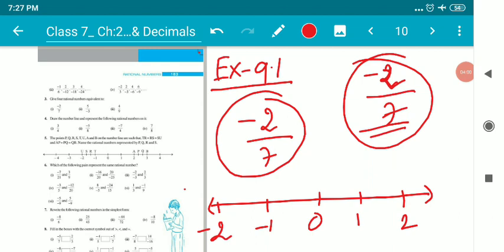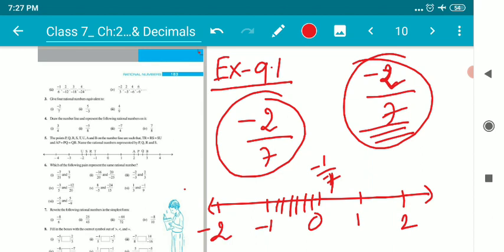So children, the denominator is 7. That means we need to make 7 equal parts between 0 and minus 1. So 1, 2, 3, 4, 5, 6, 7. There are 7 equal parts. The first part is minus 1 by 7. Why minus 1?